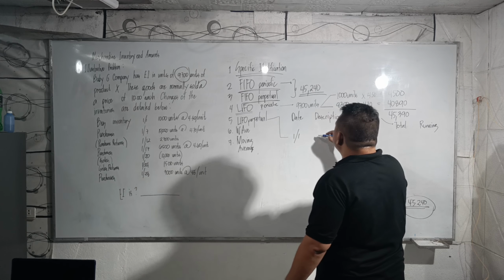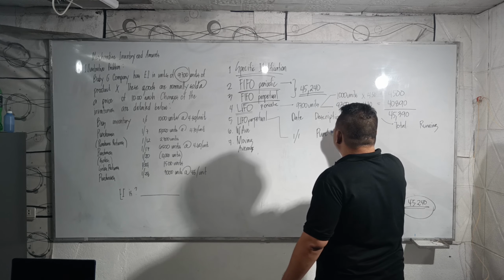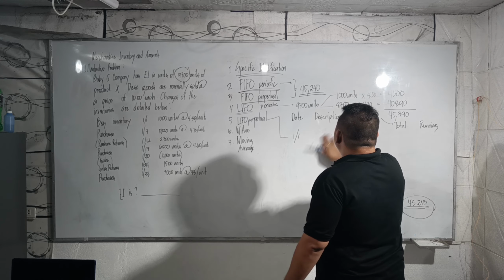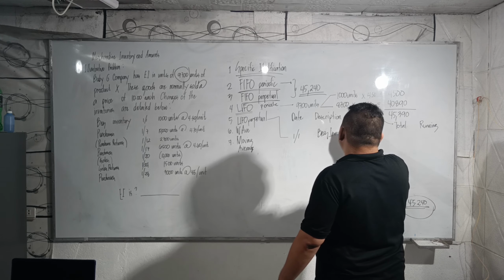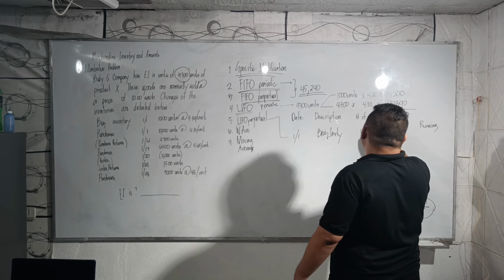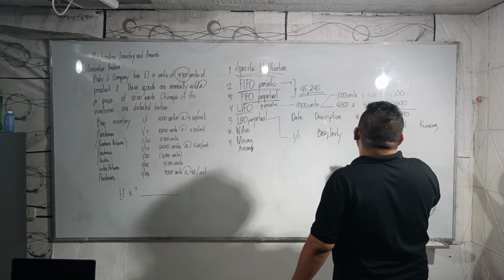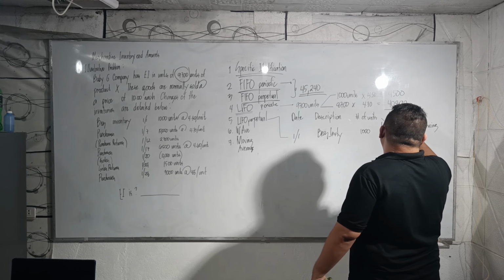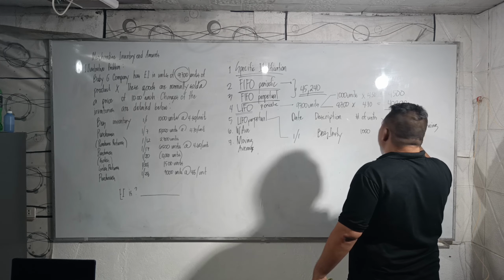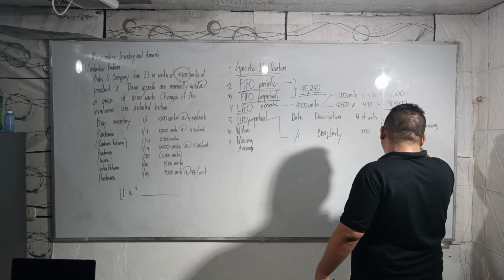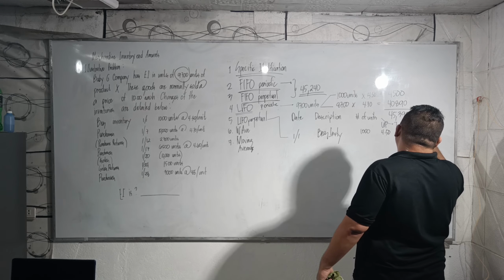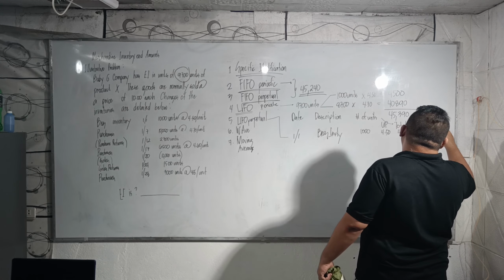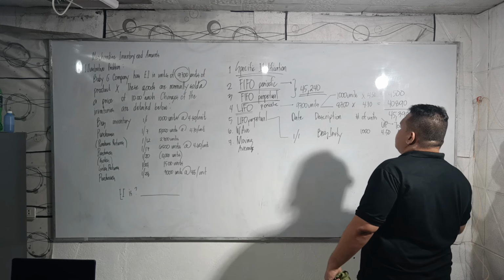So, the description, it's purchase. Oh no, it's the beginning inventory. There are 1,000 units. Of course, the unit price is 4.5. So that's 4,500, and then we have the running total at 4,500.